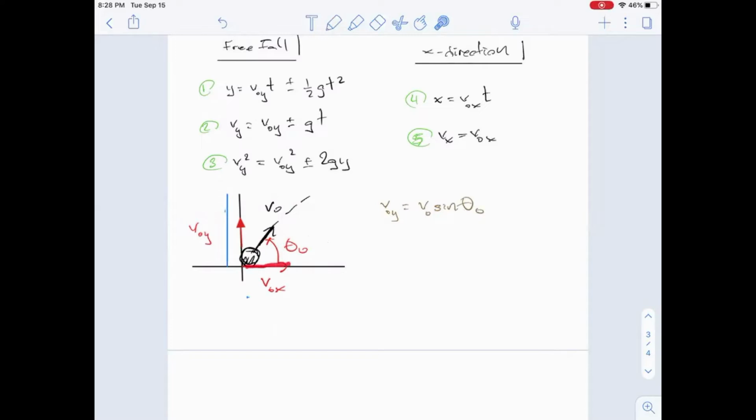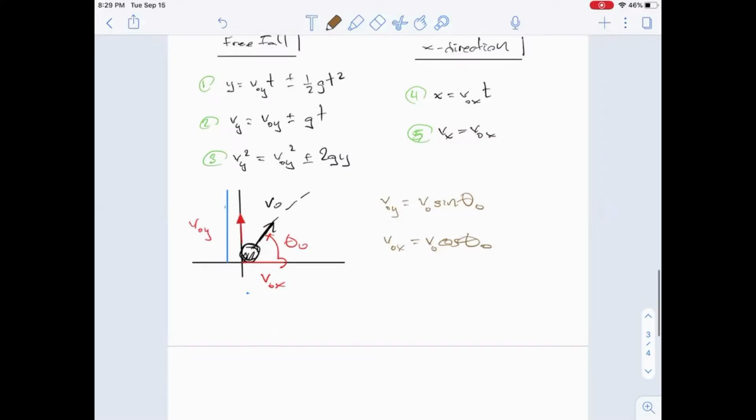Now take a look at this one, the component of the initial speed in the x direction. You're interested in the projection of this on the x direction. This is going to be the cosine of the angle of the initial speed. That's it.